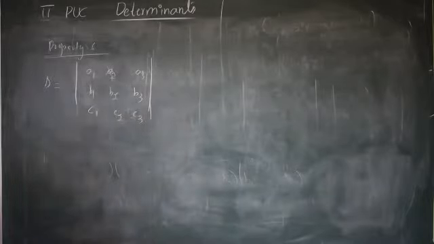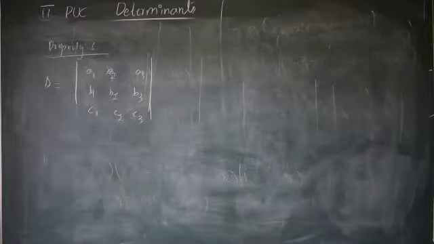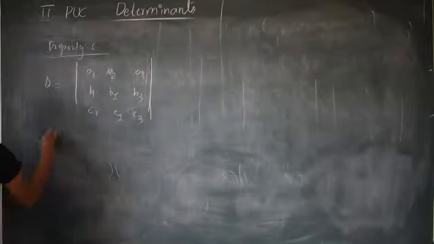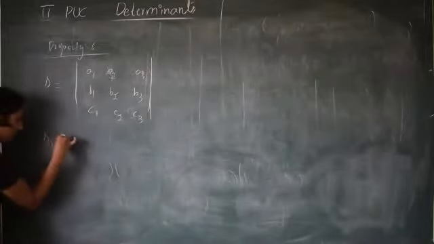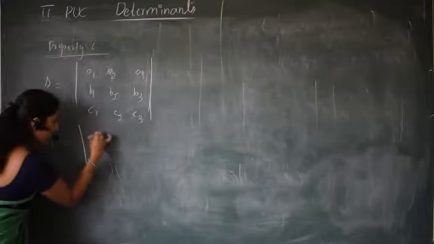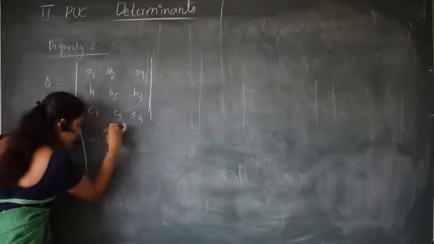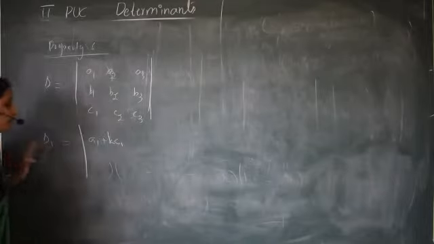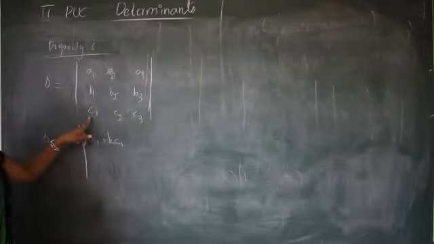So I will use the property of the elementary operation, the third operation. I will take delta 1 with first row A1 plus K into C1. That means now I have multiplied the third row by K and added it to the first row.